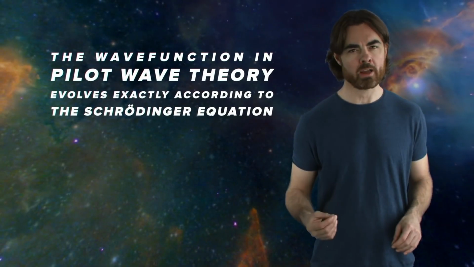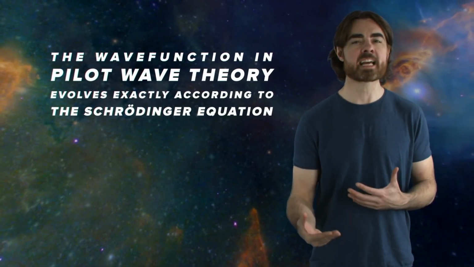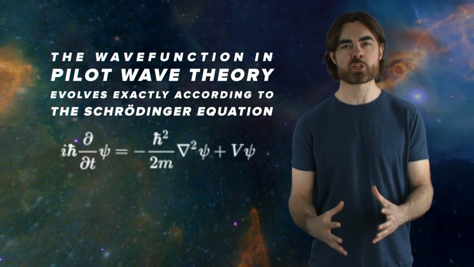In it, the wave function describes a real wave of some stuff. This wave guides the motion of a real point-like particle that has a definite location at all times. Importantly, the wave function in pilot wave theory evolves exactly according to the Schrödinger equation.